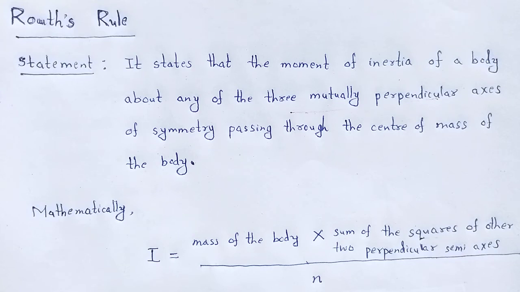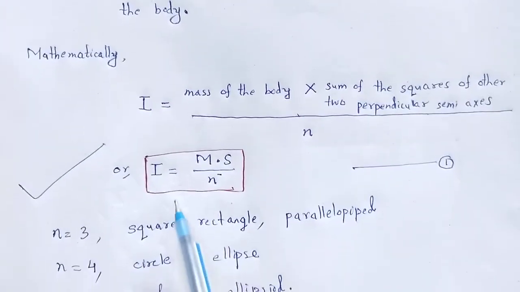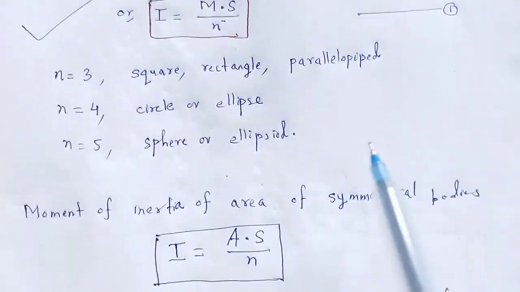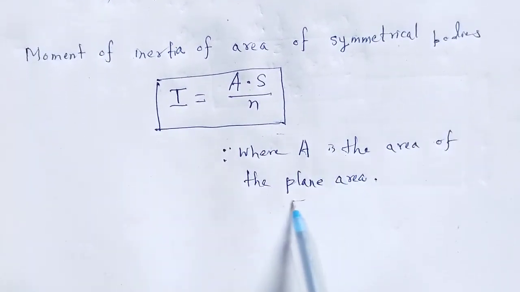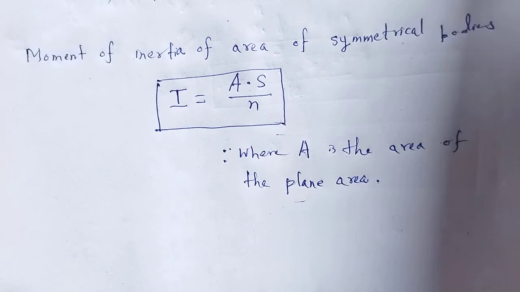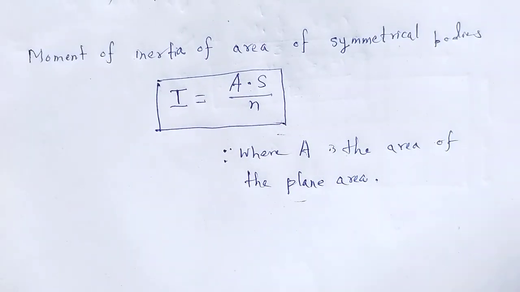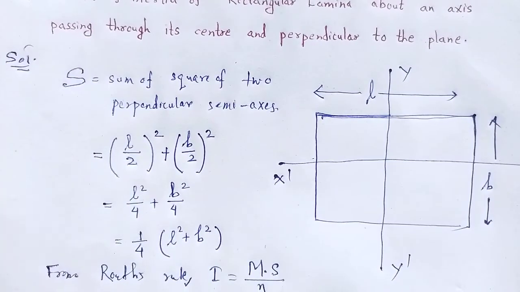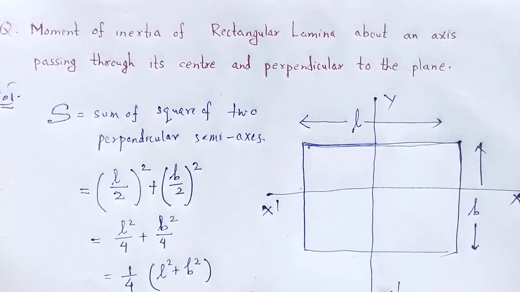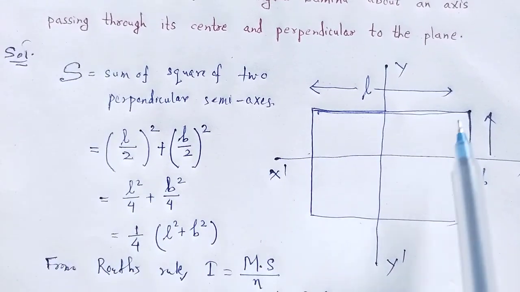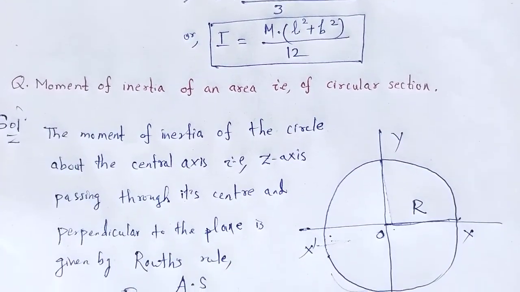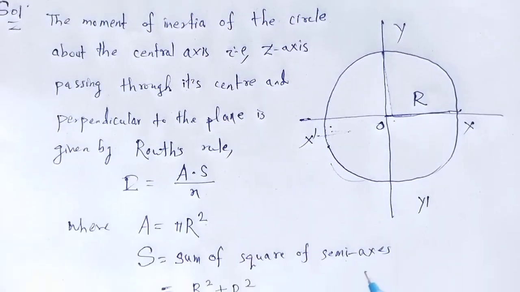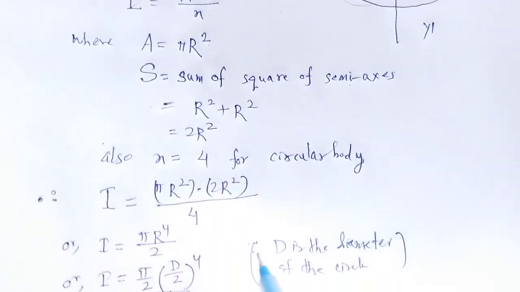For irregular bodies, we don't calculate the moment of inertia using Routh's rule. Using these two mathematical rules of Routh's rule, we found the moment of inertia of a rectangular lamina and of a circular section.